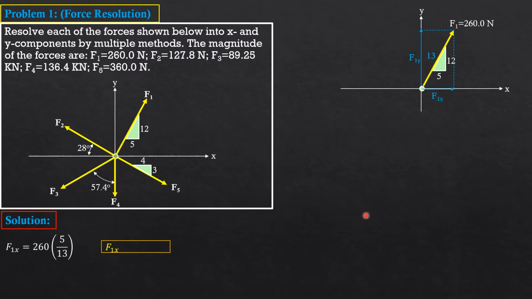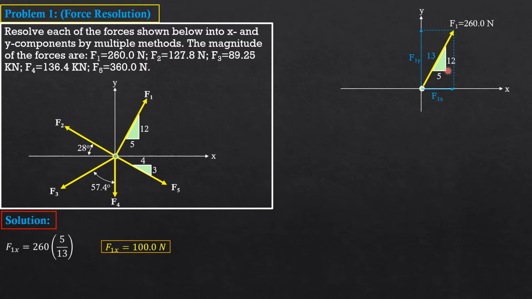So F1x is equal to 100.0 newtons. Then, by the way, I always report the answer to 4 significant figures, just like as shown in this problem.